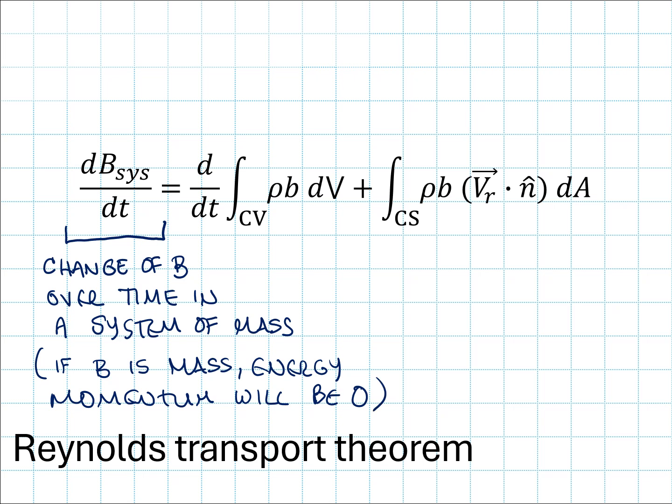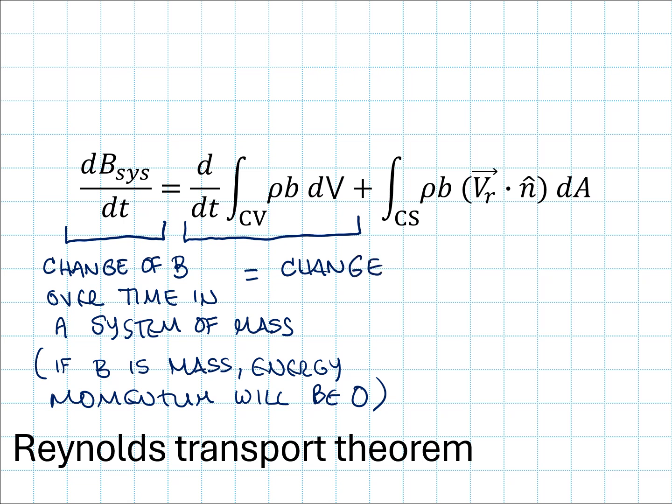Okay, and so then on the right-hand side, we've got 2 terms. The first term, this is the change in mass, energy, or momentum in a control volume over time. So we've got this little b intensive property.